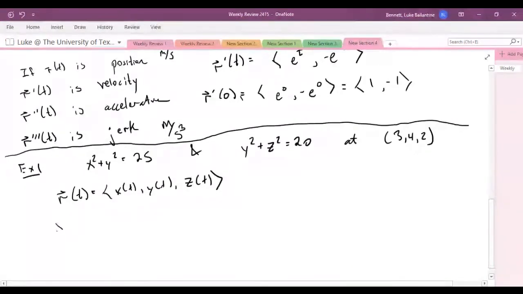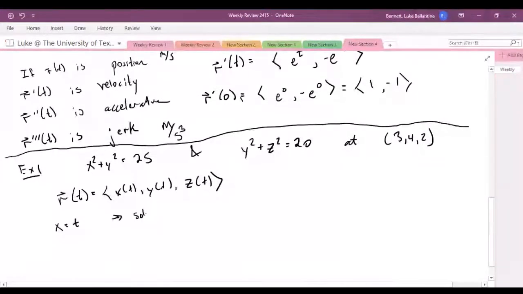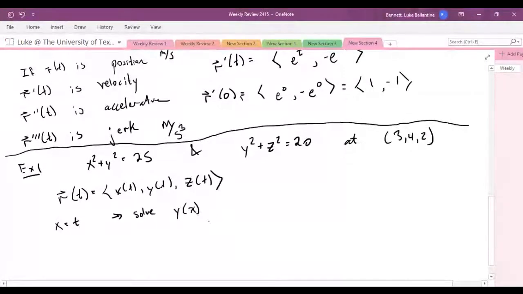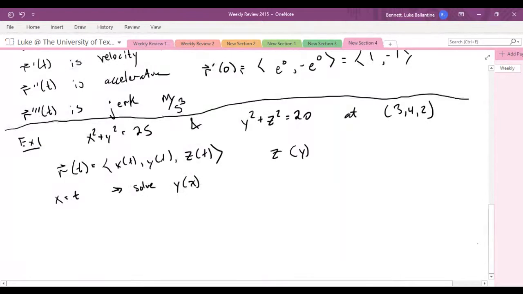So I'd pick x equals t, and then we solve y as a function of x, and then plug in t, and then we solve z as a function of y, and then plug in our parameterization of y, and then we'll be good.